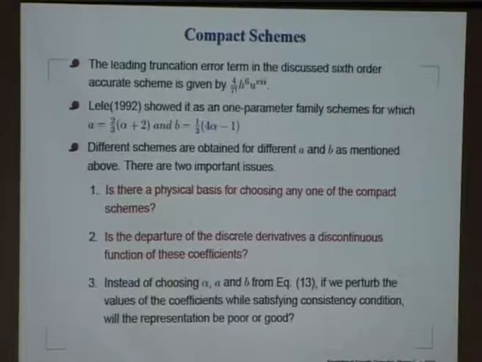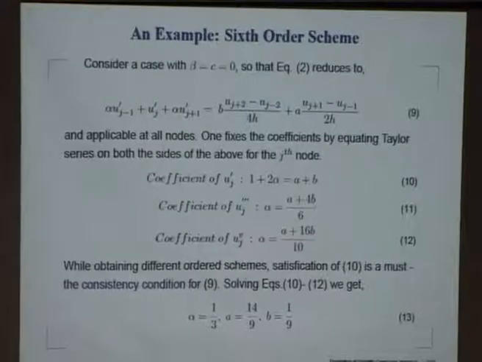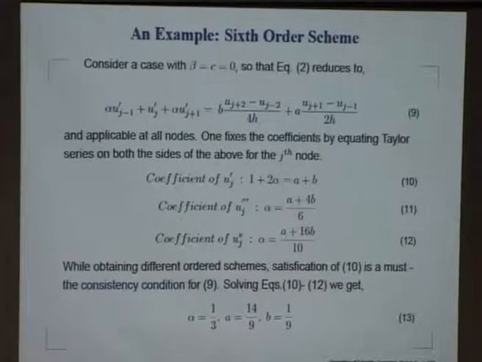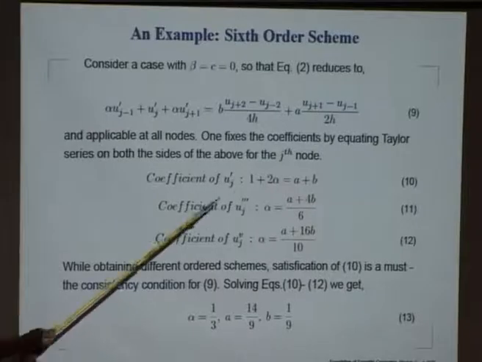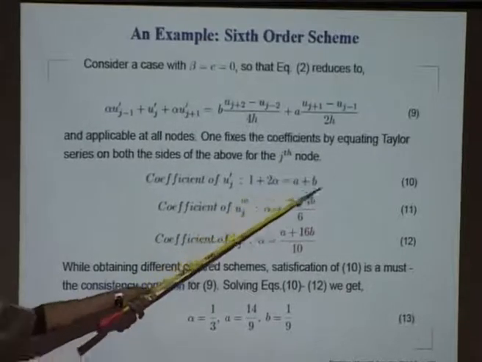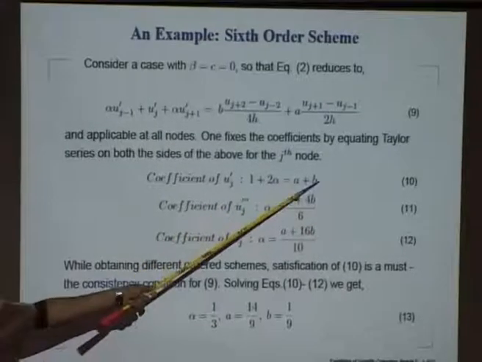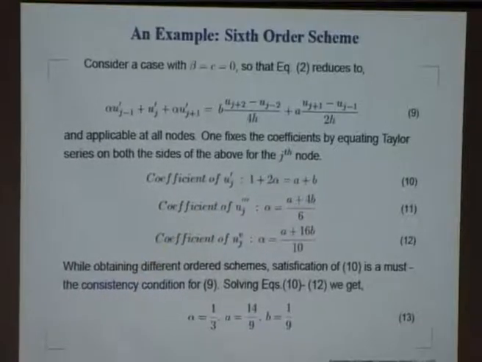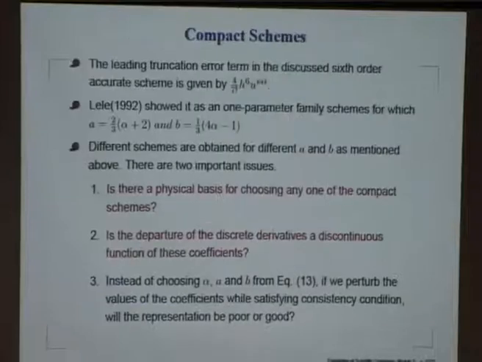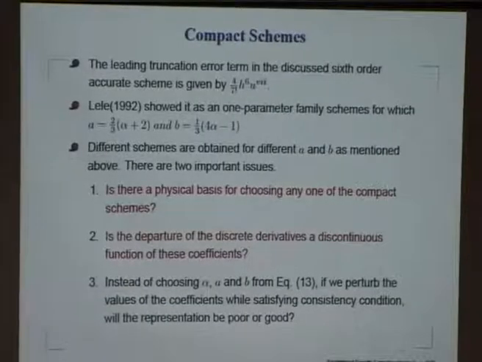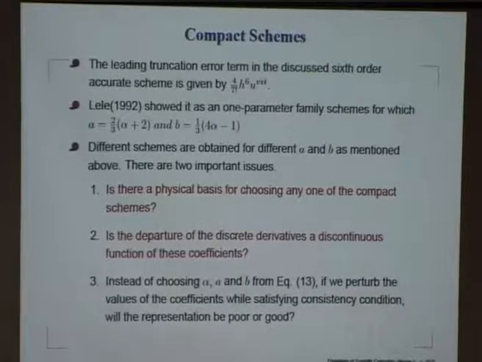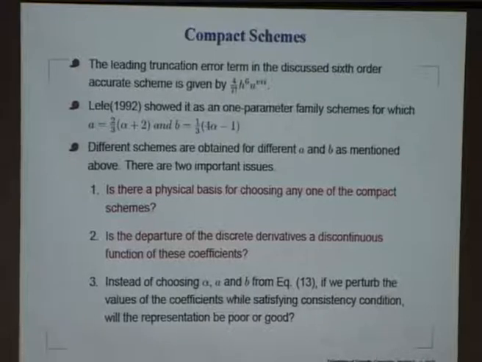I think so, if I am not mistaken. Yeah, 1 plus 2 alpha is equal to a plus b. So what I am suggesting to you is that we will perturb alpha, a and b in such a way that this equation will still be valid. If I do that, what do I get? Do I get good accuracy, or is it going to be poor? This is something that we would be talking about.